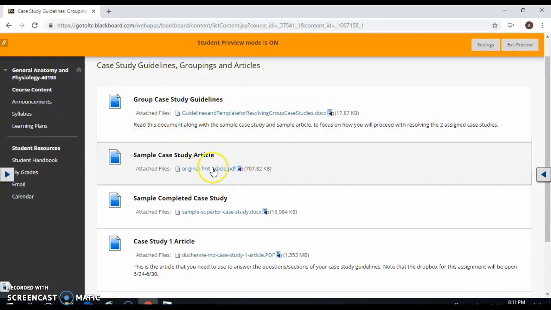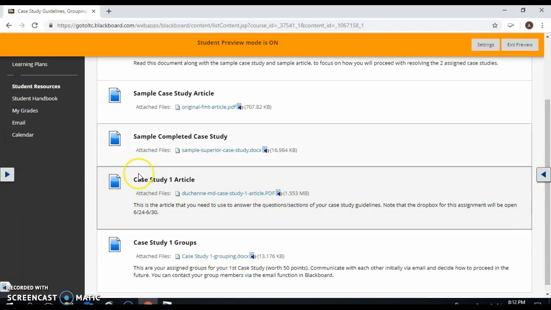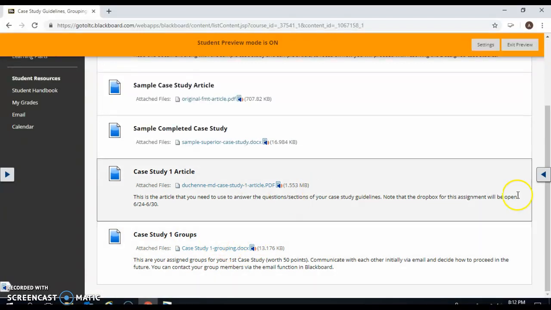There's a sample case study article, and there's an actual completed case study from a previous course that I taught. And this has the perfect score, okay? The case study 1 article is already up, and your groups as well are already up, right? So if you want to start communicating with your group, because this is an online course, this is how you can determine who is in your group, okay?